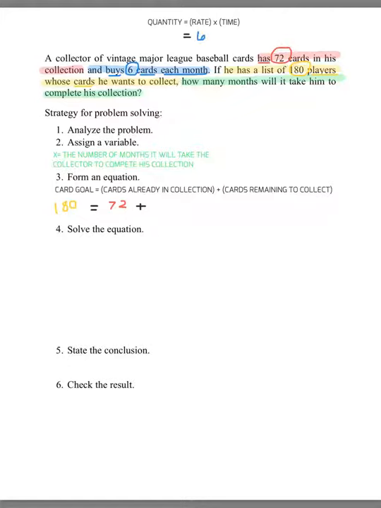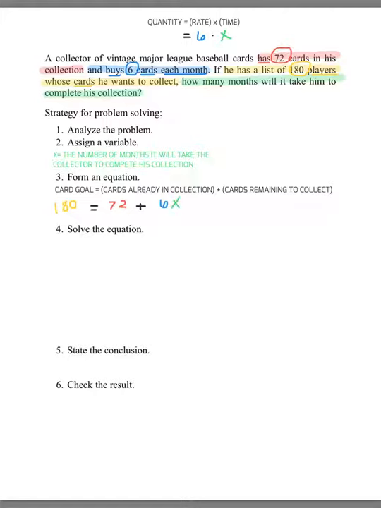So we'll just go ahead and write down 6. And we want to multiply that by the time. The time, that's actually what we're looking for. And that's represented by a variable, x. So this is the cards that are remaining to collect. So we're going to go ahead and fill that into our equation. So 6x. So there we go. That's our equation that we're going to be using.